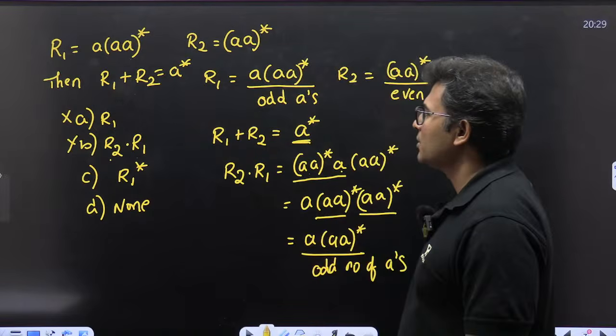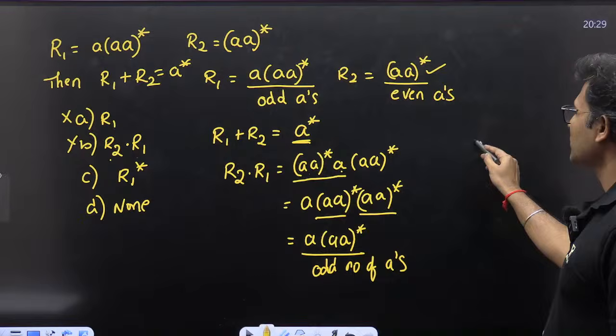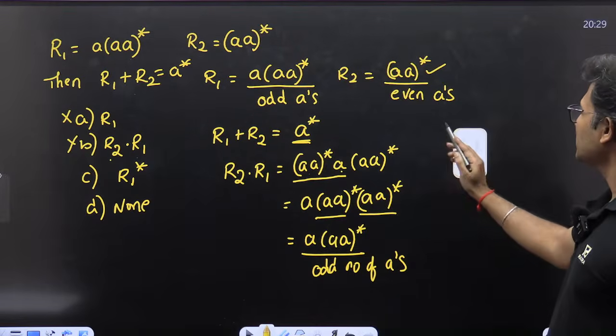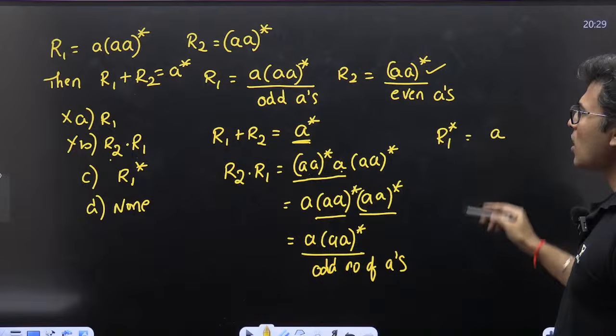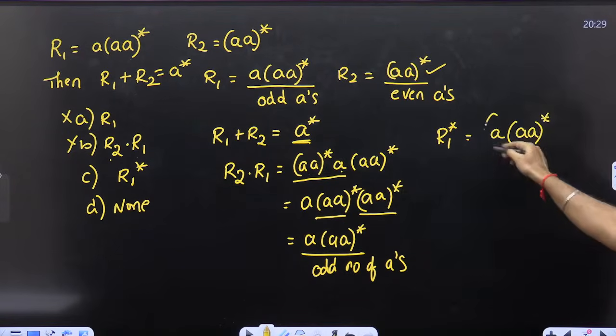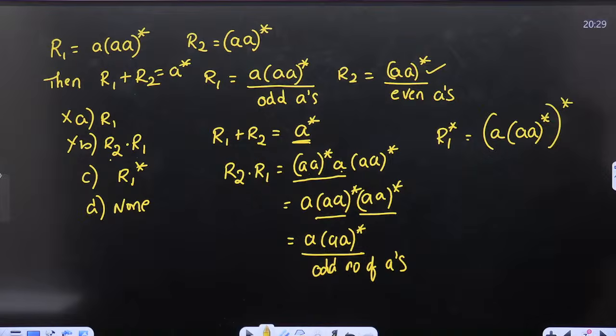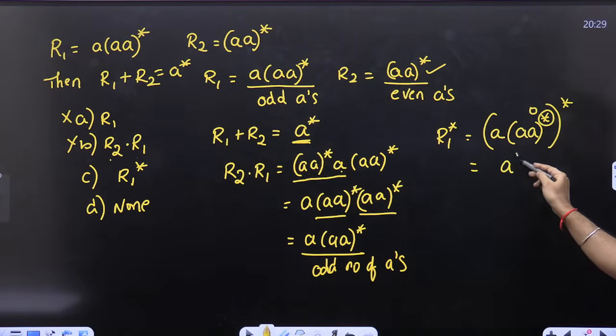Now let's check the third one, R1 whole star. R1 whole star is A star whole star, right? Now if you put a 0 here, then I'm going to get A star.